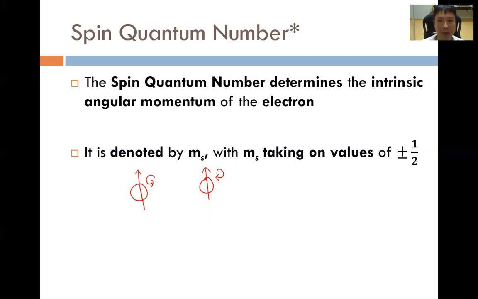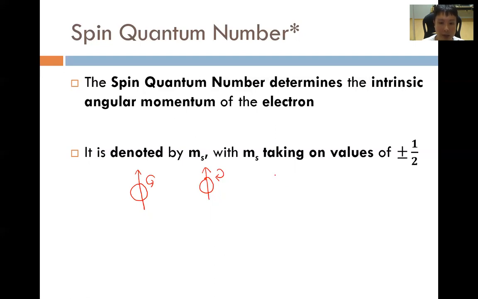As such, we now know that the electron is not really spinning like a top, but since experiments show that there really is an intrinsic angular momentum of the electron, we just call it the intrinsic angular momentum without really knowing where it comes from. But we do know for sure that this intrinsic angular momentum can take on two values, either plus half or minus half.